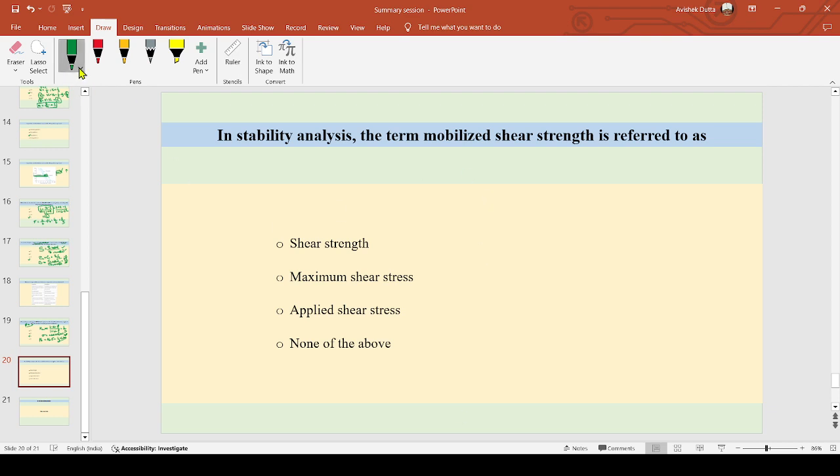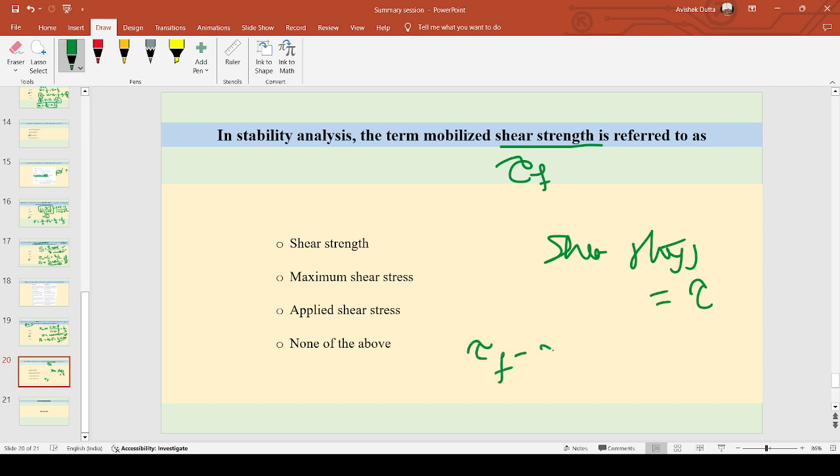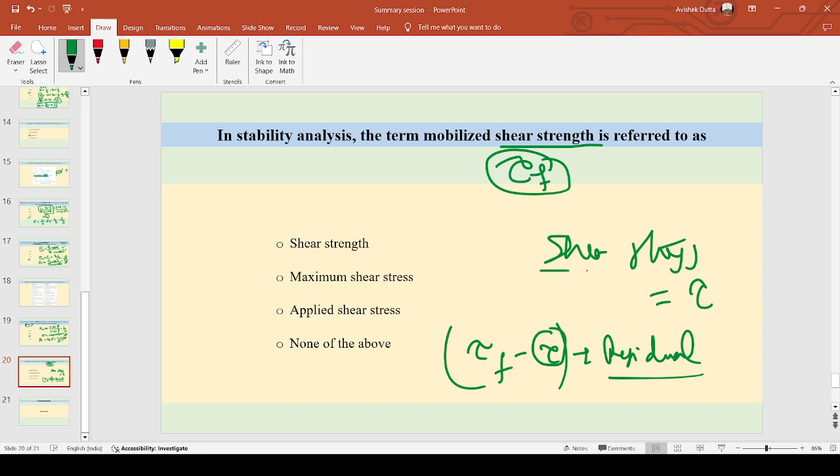So the externally applied shear stress is tau, and if the shear strength is tau f, then tau f minus tau is what is left, the residual, and within this tau f, tau is being used up to resist this particular shear stress.